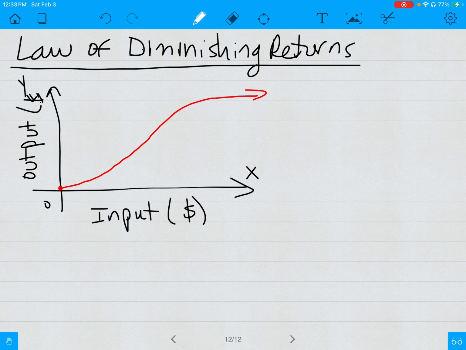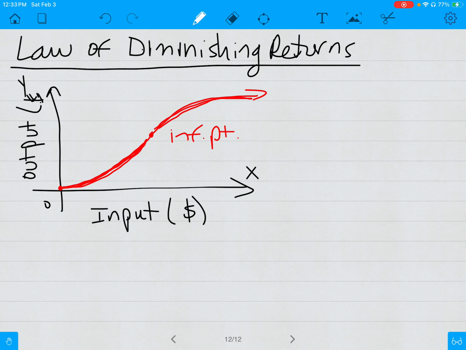Very flattened out S curve. Now, let's think about what happens with the rate of change of the slope. Right here, kind of in the middle of the graph, we have an inflection point, because the graph is changing from concave up to concave down.